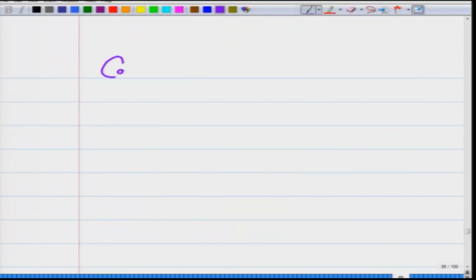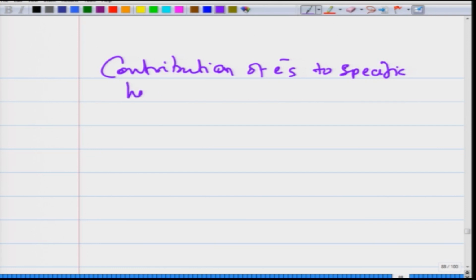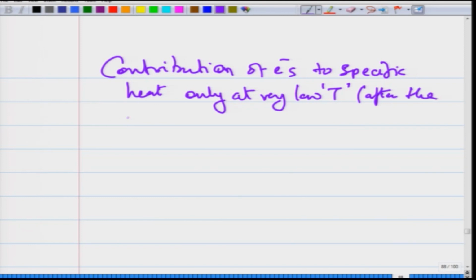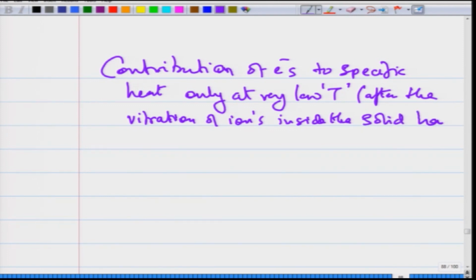So, one sees the contribution of electrons to specific heat only at very low temperatures, after the vibration of ions inside the solid have almost ceased.